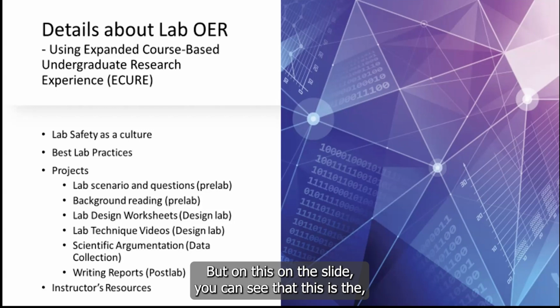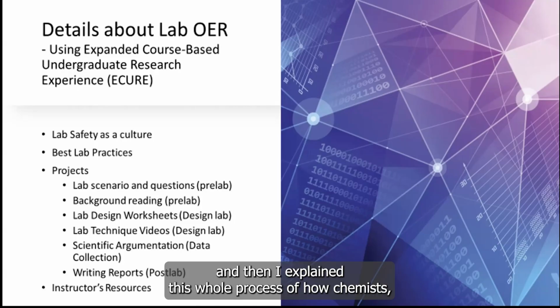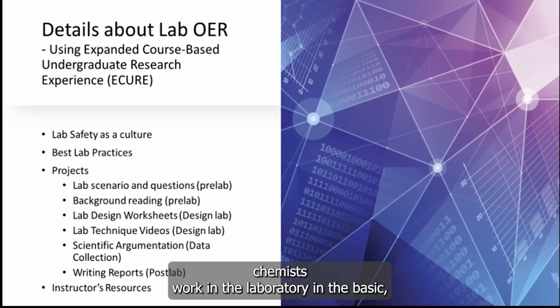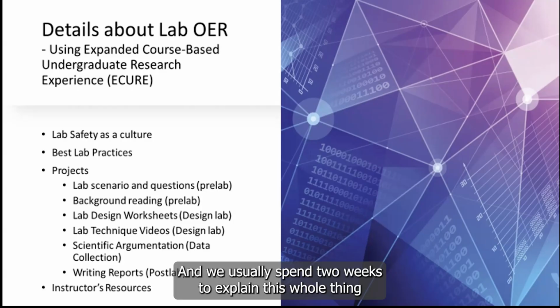But on this slide, you can see the major structure of the book I'm writing for the eCURE. I started with lab safety. Then I explain the whole process of how chemists work in the laboratory, the basic best lab practices. We usually spend two weeks in the semester explaining this whole thing to the students.